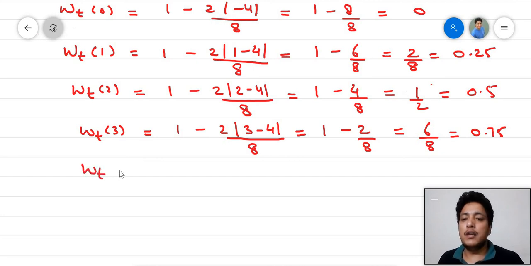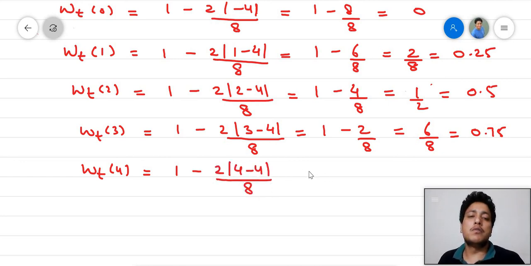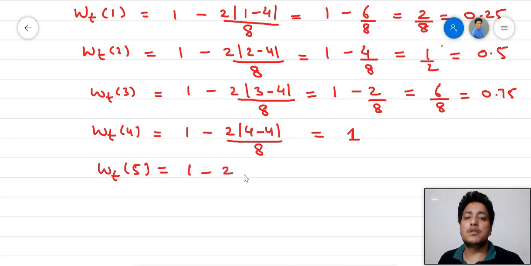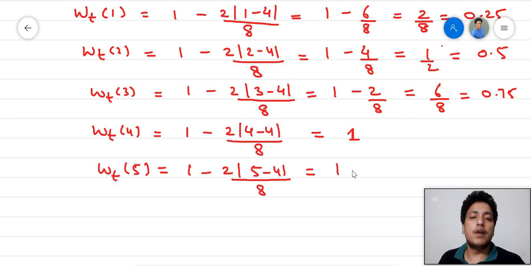Then w_t(4) will be equal to 1 minus 2 times (4 minus 4) by 8, this will go to 0, so it is 1. Then w_t(5) is 1 minus 2 times (5 minus 4) by 8, please note this term, it will give 1 minus 2 by 8, which is the same as this, because it has to be a triangular sequence.